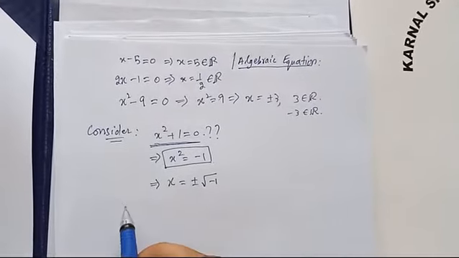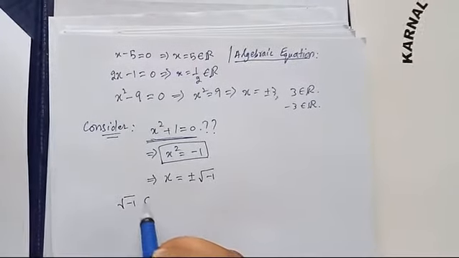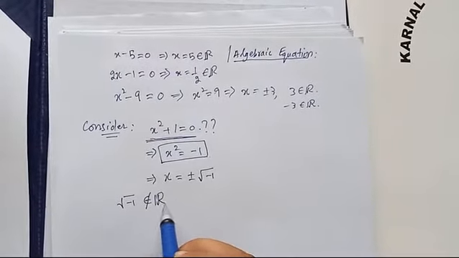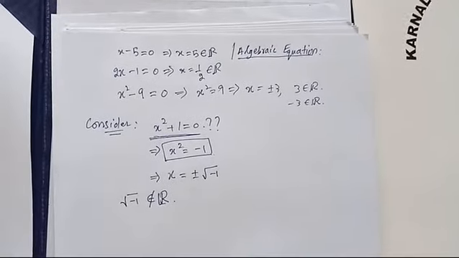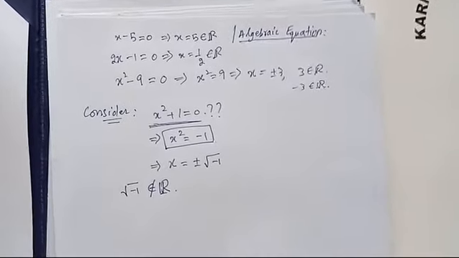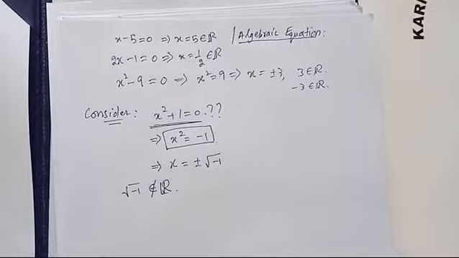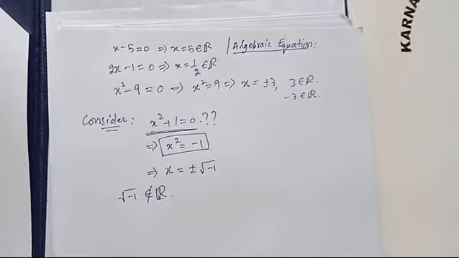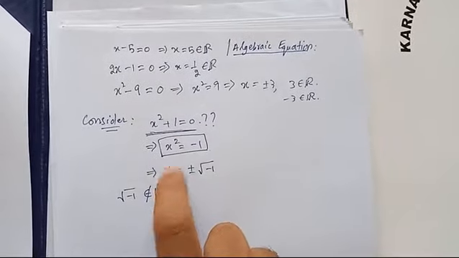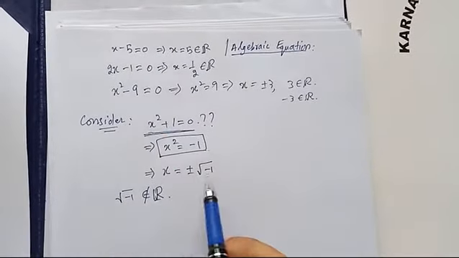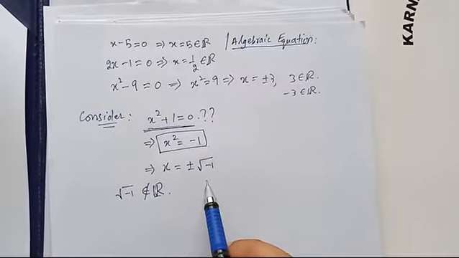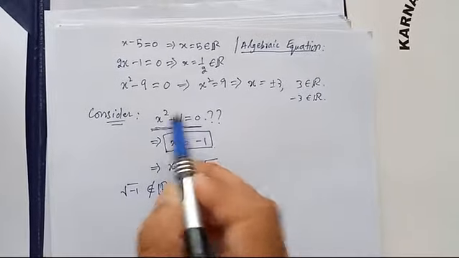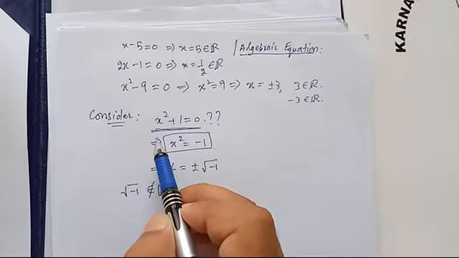Now the square root of minus 1 does not belong to the set of real numbers, and up to now we know that the largest set is the set of real numbers. But in this case the solution which comes from this equation is actually plus minus square root of minus 1. This equation has two solutions because it is a quadratic equation.